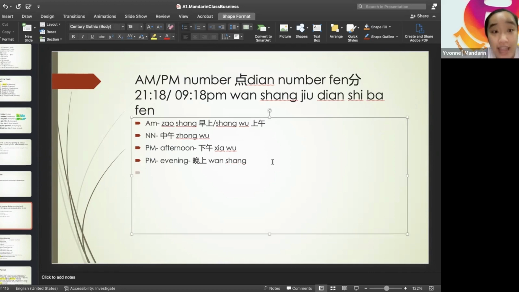So this would be the time. Now, what is next? So I remember I taught you for half an hour, we would use the word 半. 半. Instead of saying 30分, is it easier? You say 半 instead of 30分, right? We just only say one word.